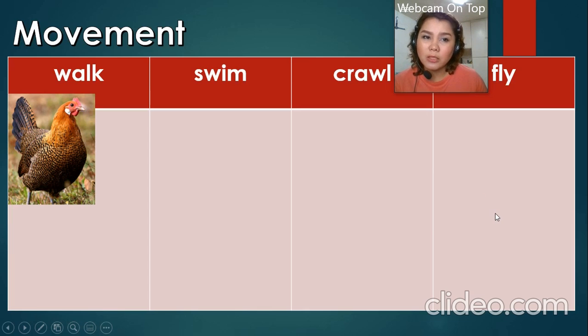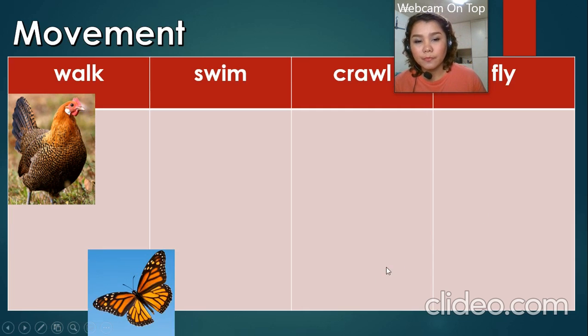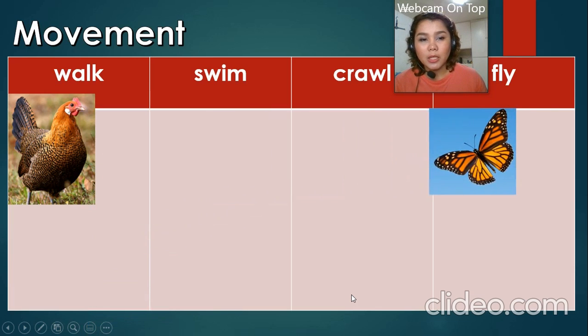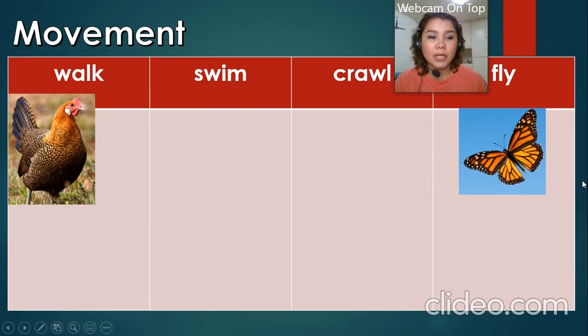The wings are smaller, so it can't really fly. Okay, next one. Butterfly, how does it move? It can fly. If you take a look at the wings, they are bigger compared with its body. Unlike the chicken, its wings are small compared with its body size.